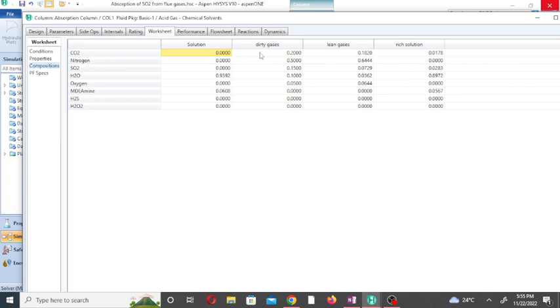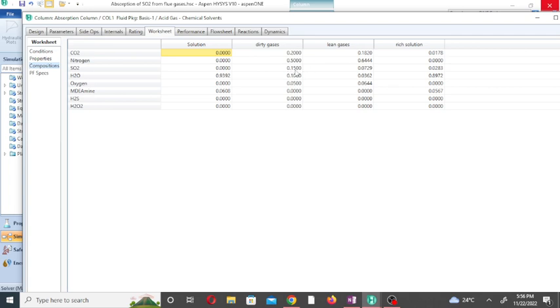In the dirty gases the sulfur dioxide was 15%, and in the lean gases the sulfur dioxide is about 7%. So if you determine the percentage of SO2 removed from the flue gases, you can obtain 0.1500 minus 0.0729 divided by 0.1500.